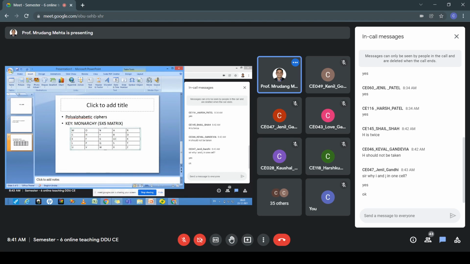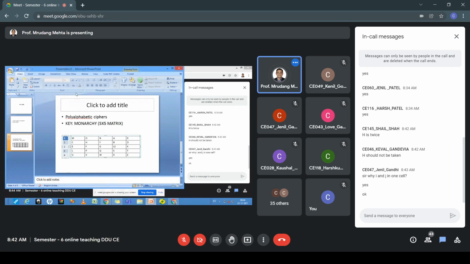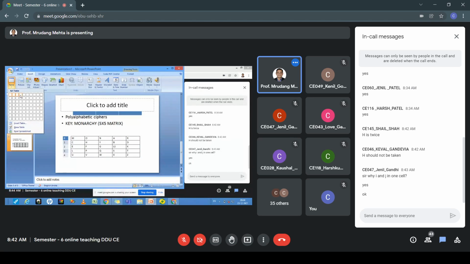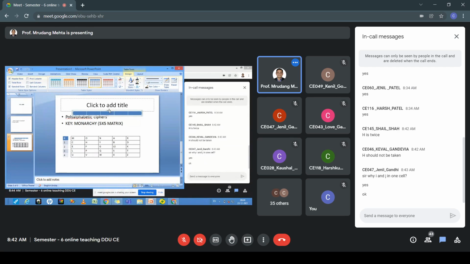These elements are indexed as 0, 1, 2, 3, 4, and similarly on the upper row we have 0, 1, 2, 3, 4.